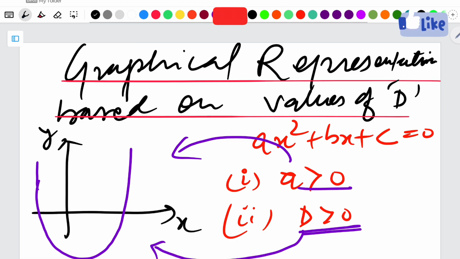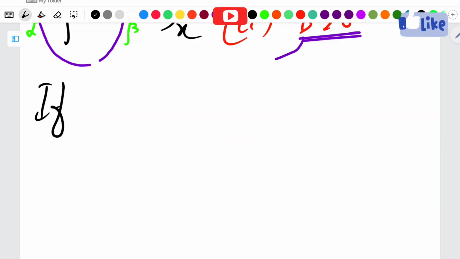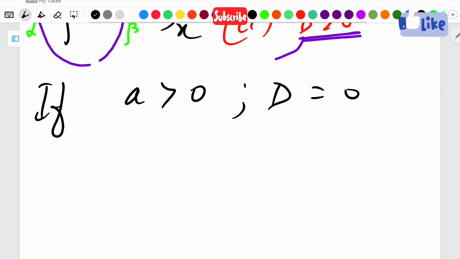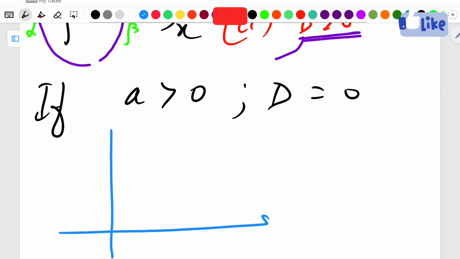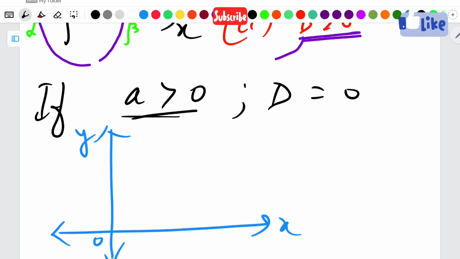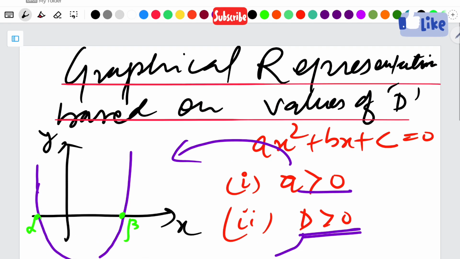Next, if A is positive and D is equal to 0, then the graph will be, let these two lines represent x-axis and y-axis. From A positive we are concluding that the curve will be upward parabola, and if D is equal to 0, that means two zeros are real and equal.